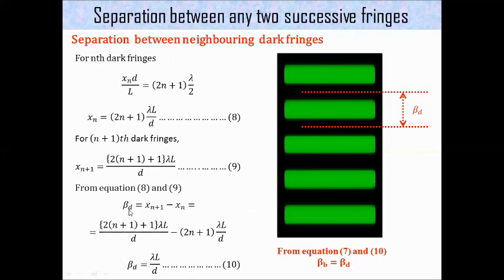Therefore, beta D will be equal to lambda L divided by D. Say this is equation 10.